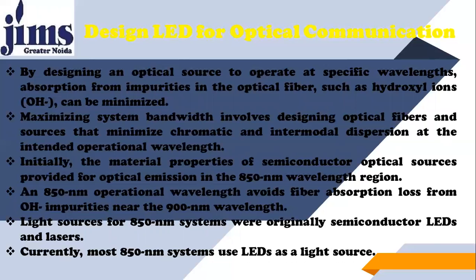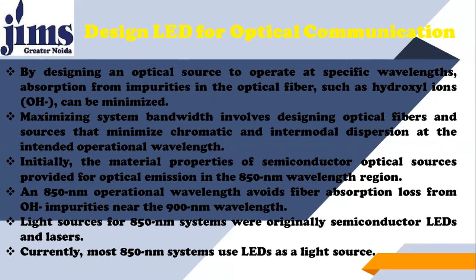For that reason, OH ions are found in optical fiber, and these OH ions are responsible for optical absorption, right? So we use that specific wavelength that has no effect from these OH ions, or you may say absorption. And the OH ion is one of the impurities of optical fiber.